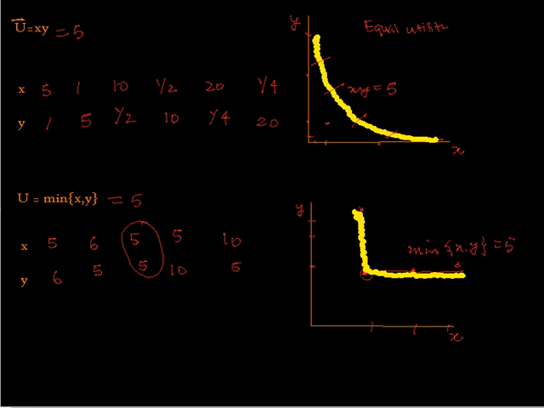So this is what your indifference curve is: a locus of all the points, or all the combinations of different goods, which give equal utility to the consumer.